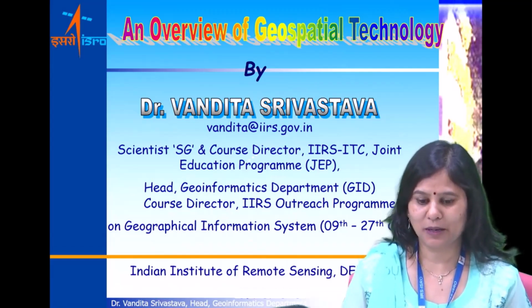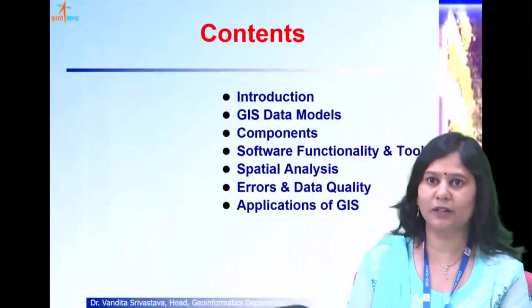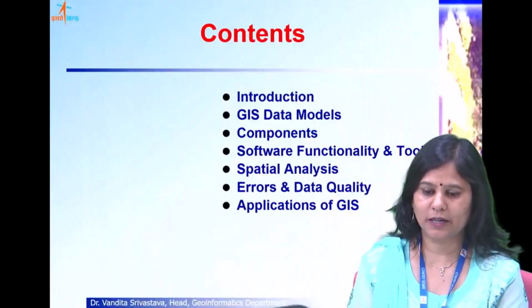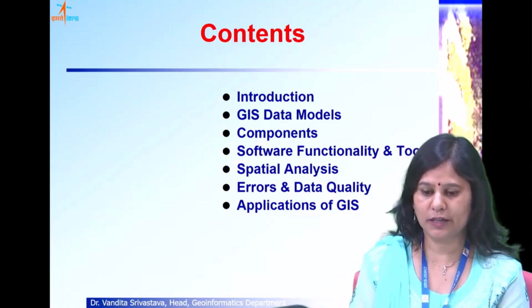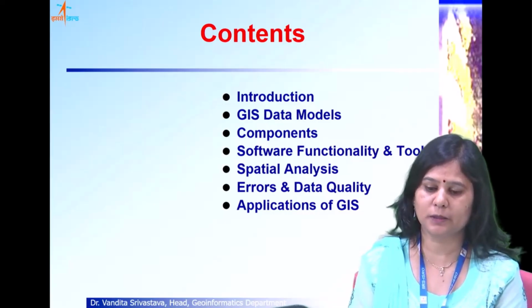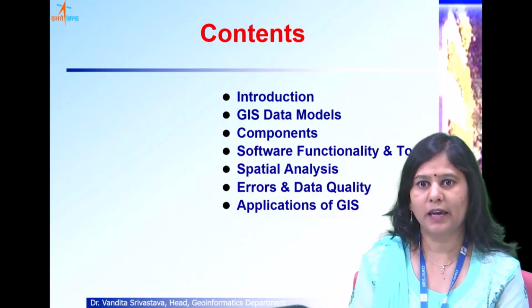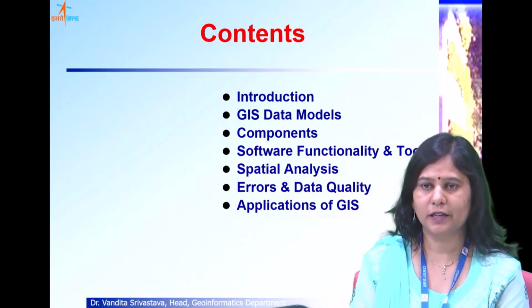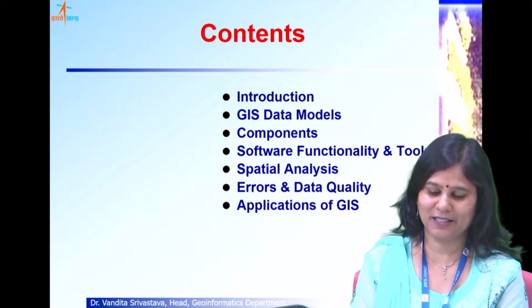So I begin with my lecture, and I'll first tell you what contents I'll be covering in this course. I'll be talking about the basic concepts of GIS, the nomenclatures involved and the basic definitions. And then I'll be talking about the geospatial data models as well as components of a GIS, the software functionality and the tools that are required to make a GIS work.